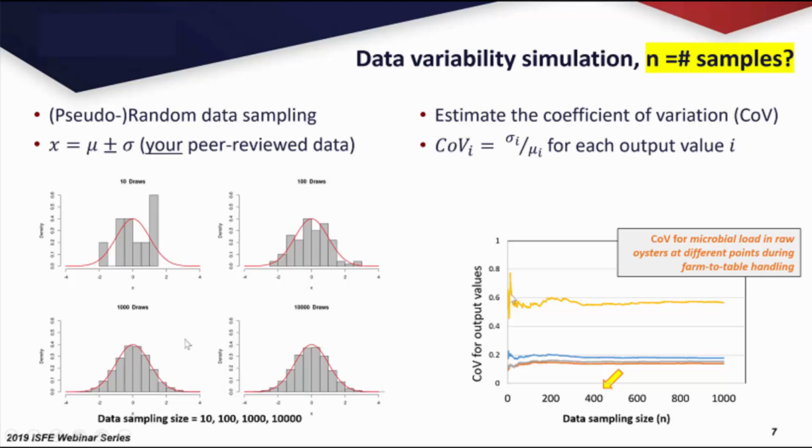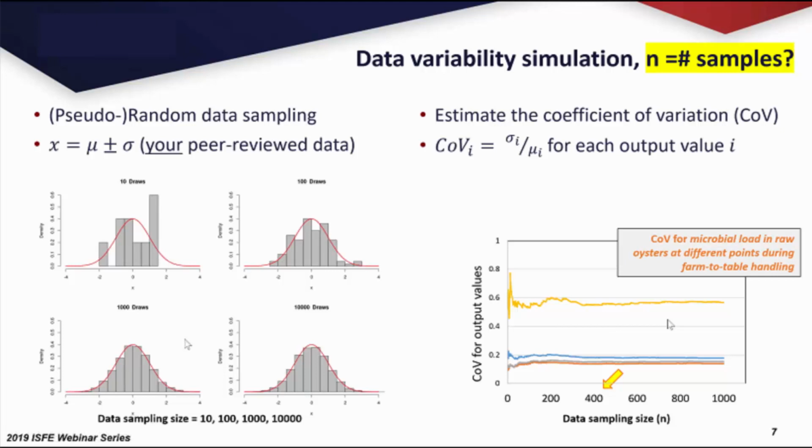What we see here is actual data that we obtained in a publication on the microbial load of a pathogen in fresh oysters at different points of the processing, from the harvest, to the processing in the plant, and finally when the oyster reaches the consumer's table.